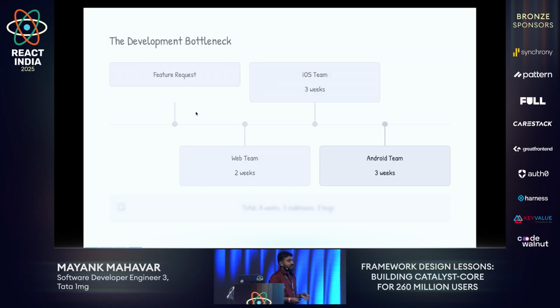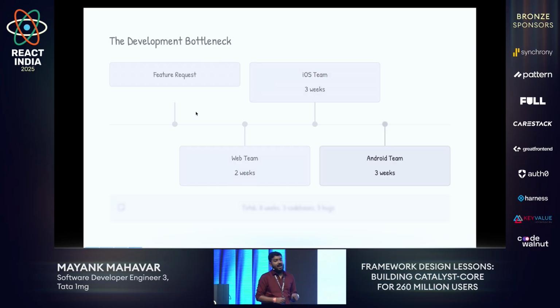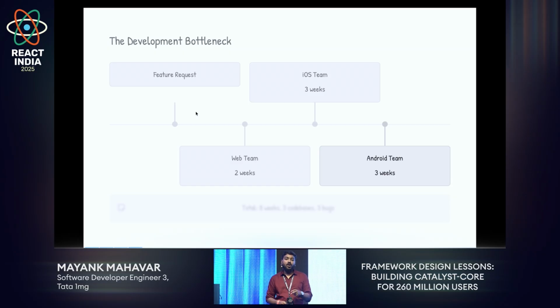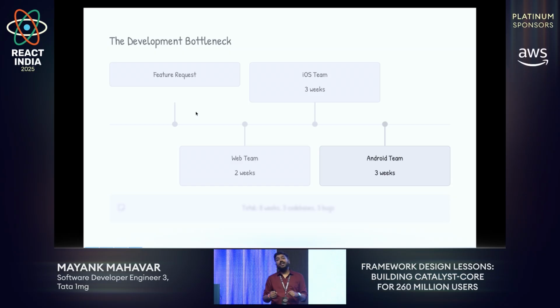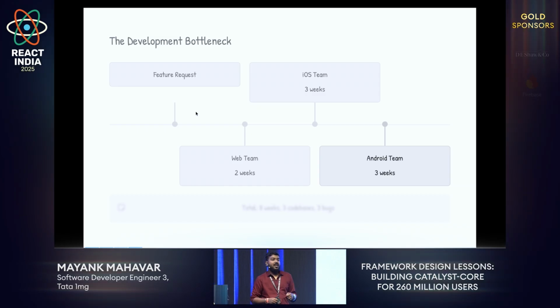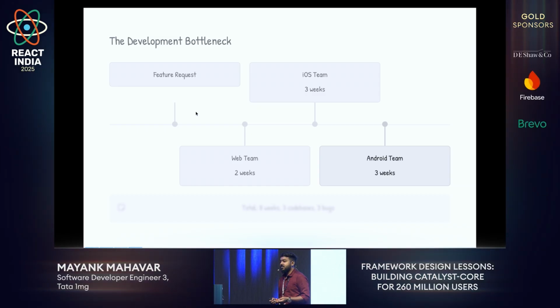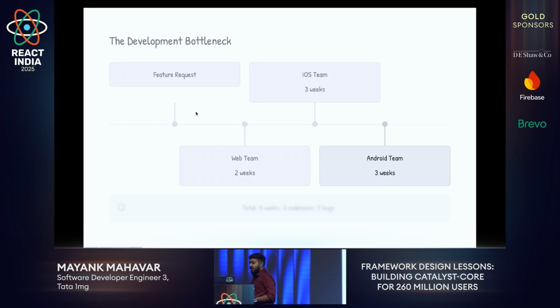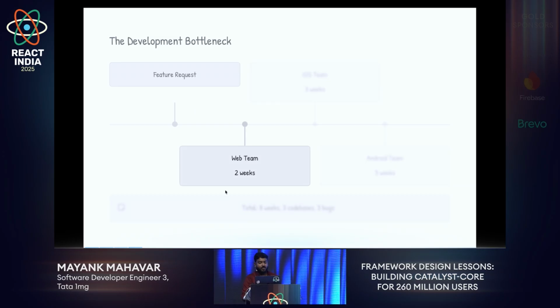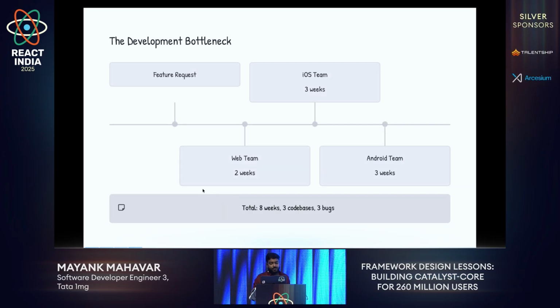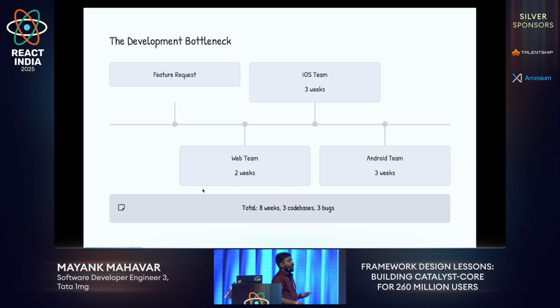But even if I had the problem statement on the first day and solved it in the second week, I had to replicate it on 3 different platforms, and sometimes other platforms take more time. Assuming the web took 2 weeks, let's say Android took 3 weeks, and iOS took a similar amount. I now had 8 weeks of development to do, and 3 code bases.